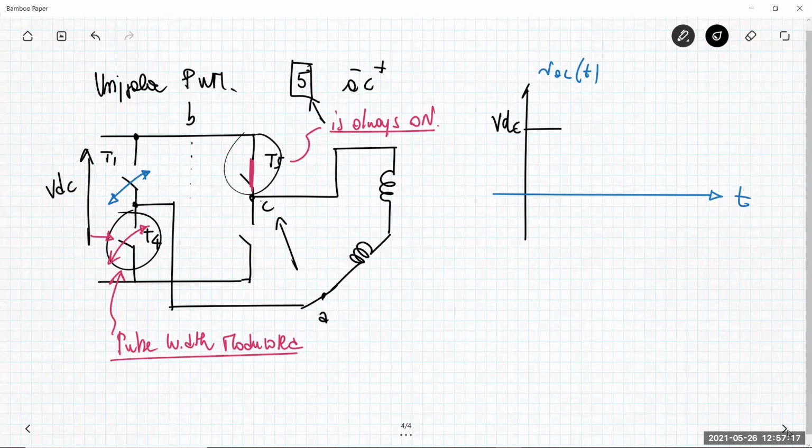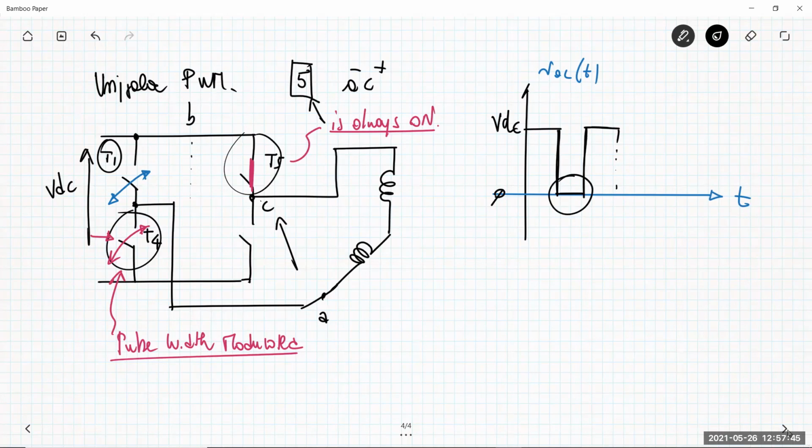When it is open, it means that T1 is closed and then the voltage is null. So in that case, you have no more a bipolar variation, but the line-to-line voltage applied to the phase is just unipolar. This means that the minimum voltage to apply to your phase is 0.